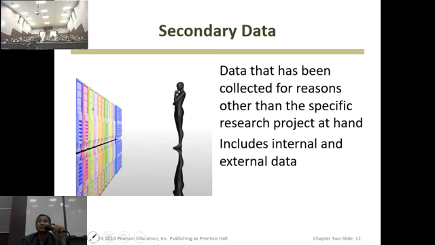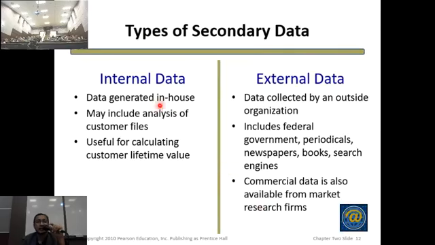Then you go and collect it. That is an example of secondary data. You have internal data and also external data. Internal data may be data generated by your company, by your department, or whatever. And the external data is collected by an outside organization.